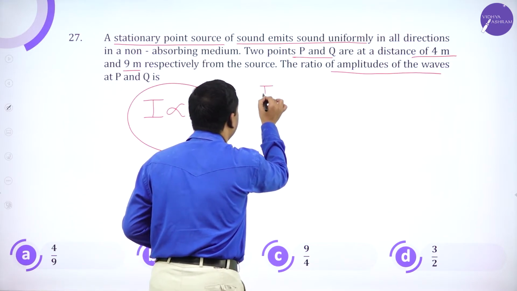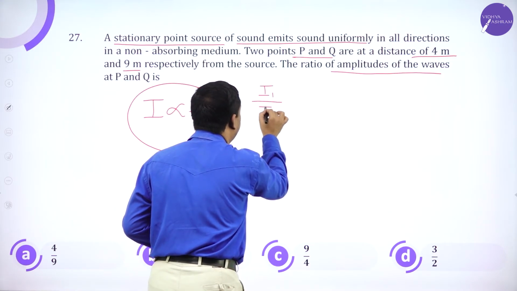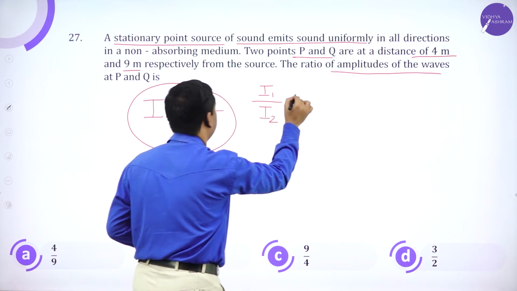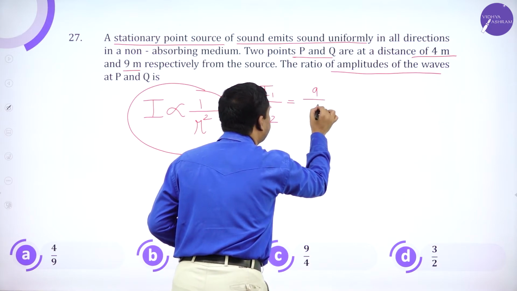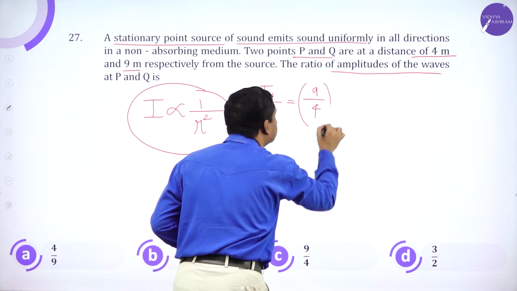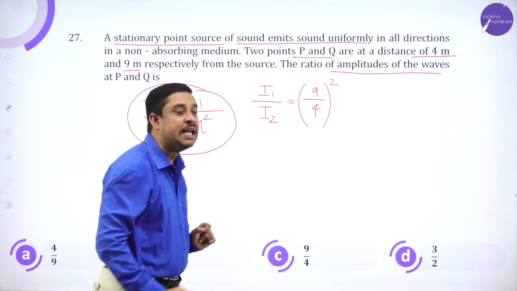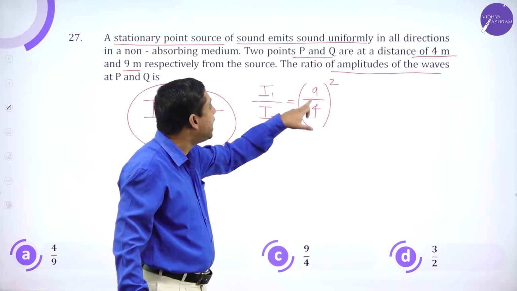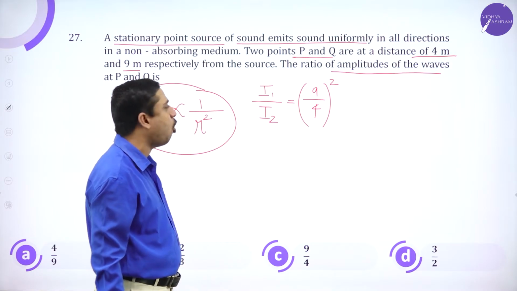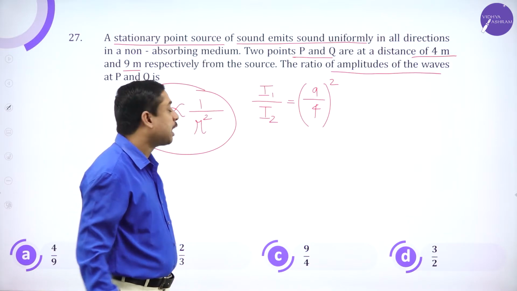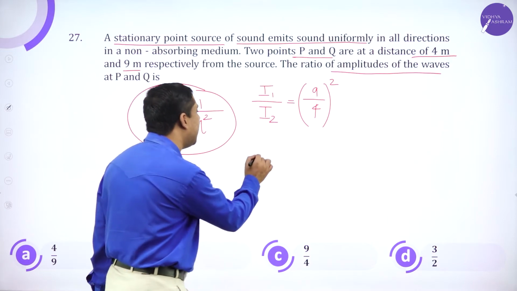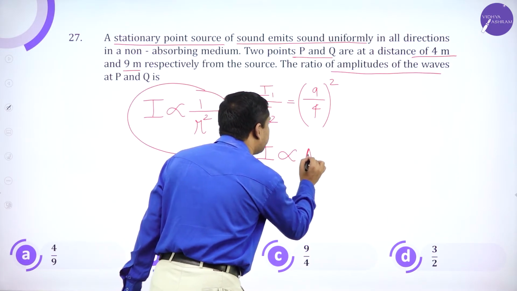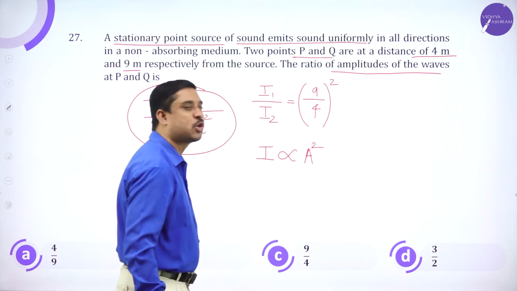Therefore, I1 by I2 will be 9 by 4 whole square. Right? Inversely related. But how is amplitude related to intensity? Very good. I is proportional to A square.